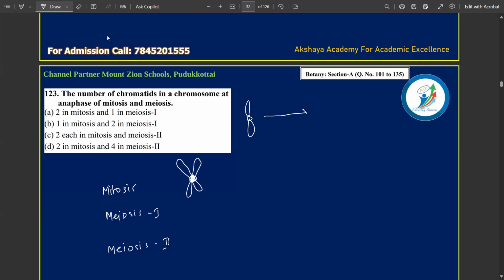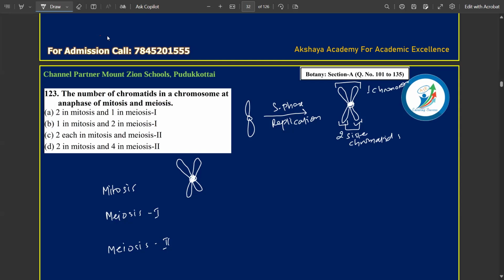We have a chromosome, then we have the S phase, and because of replication or DNA synthesis, a copy of the same chromatid comes. So there are two sister chromatids. As a whole, they are one chromosome because we count chromosomes by the number of centromeres. So two sister chromatids and one chromosome.